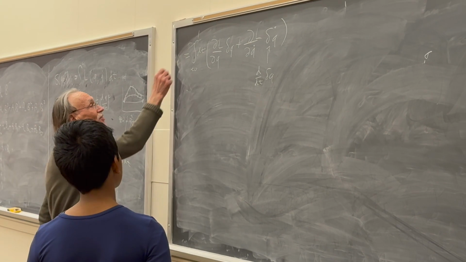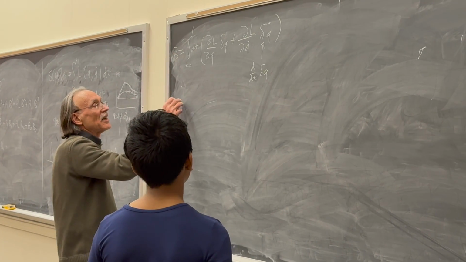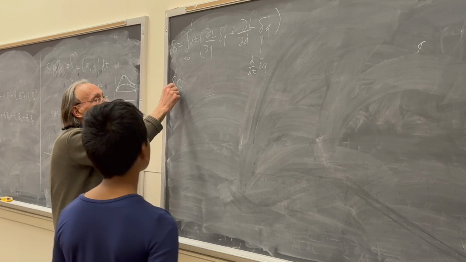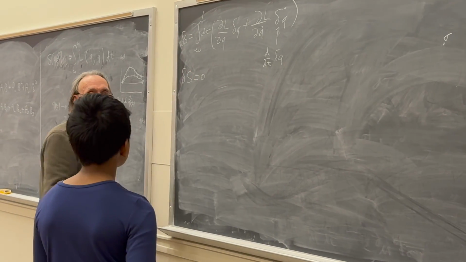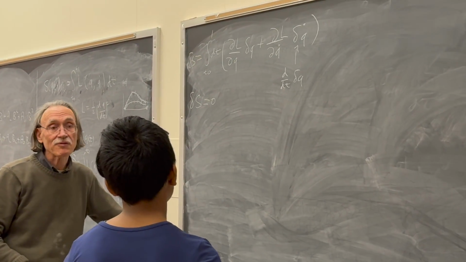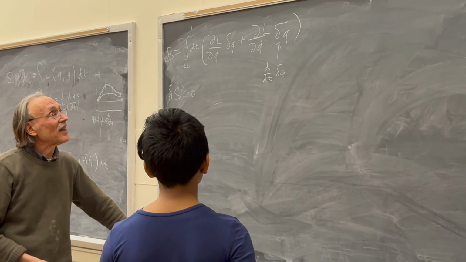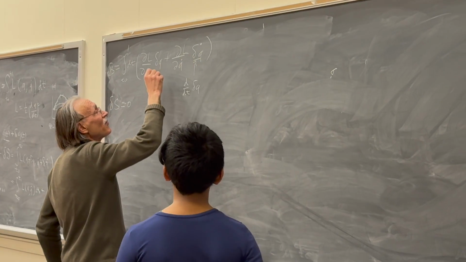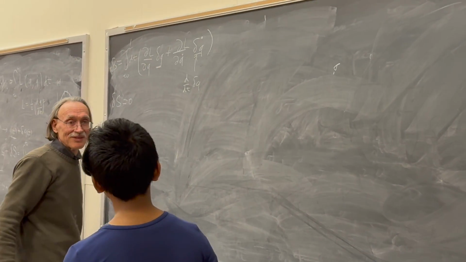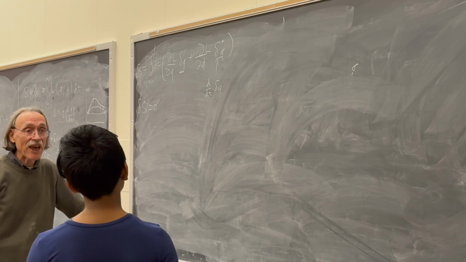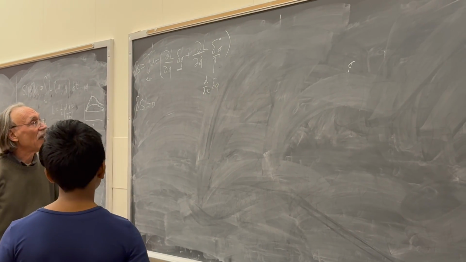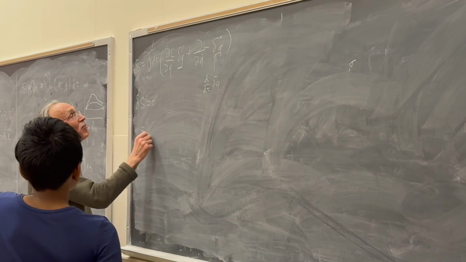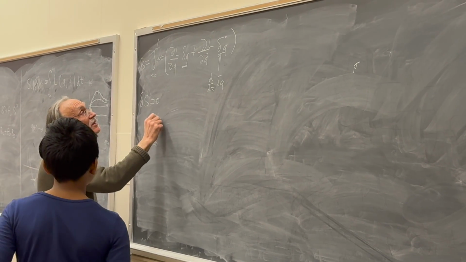And now, so this is delta s. And now I want to find the minimum. That is when this doesn't change to first order. And now you see, this is actually the derivative of q, and this is delta q. And we want to have the same thing. And you can actually do that by integrating by parts.